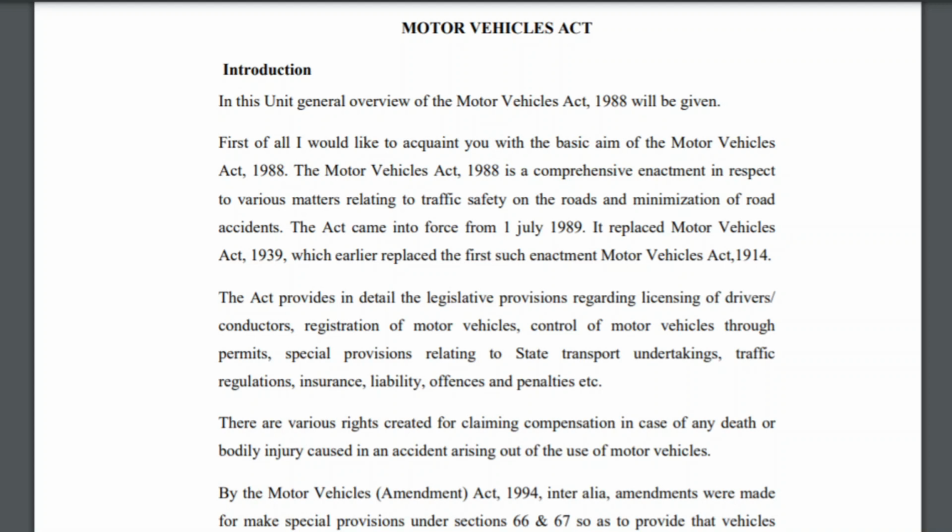Here what we have to see is that with regard to every act, there will be some aim, some intention, some object. Let us start from the beginning, that is the Fatal Accidents Act of 1885. This act enabled the injured or the LRs, the legal representatives of the deceased in an accident, to proceed against the person committing the negligence.